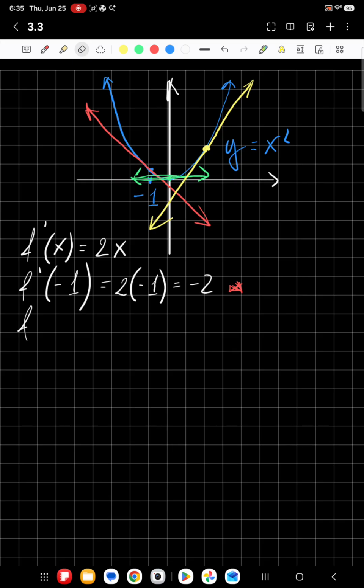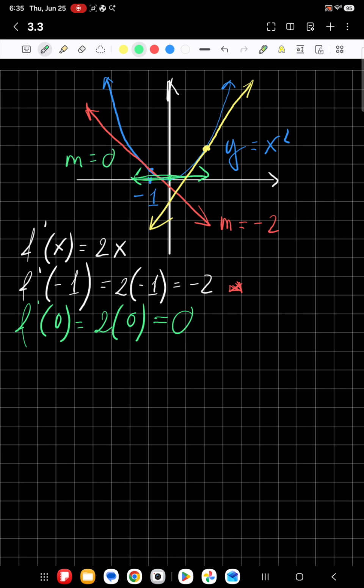Now we'll have the green one. So f prime of 0, right? So we'll just plug in 0. So 2 times 0, 0. Right? So obviously it's a horizontal line. Right? I'm talking about the green one. Slope is 0. Okay. So m of this one was -2. Slope of the green one was 0.